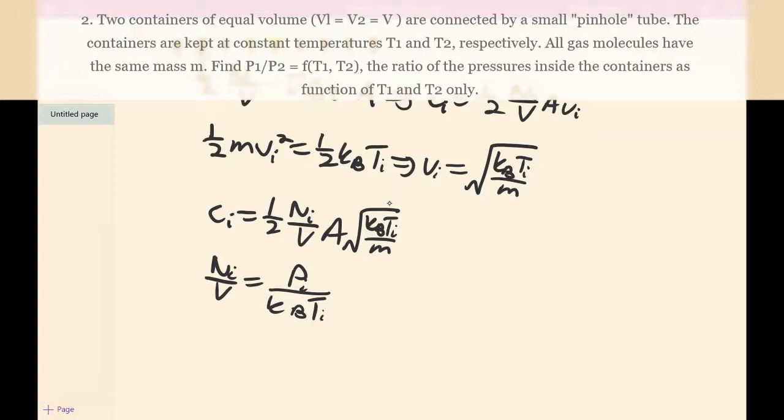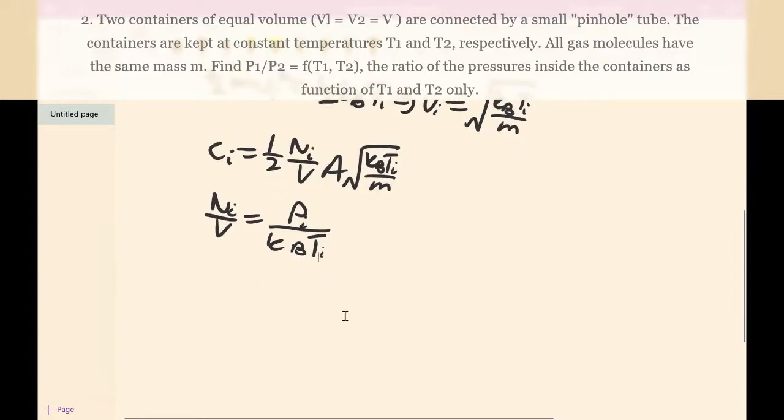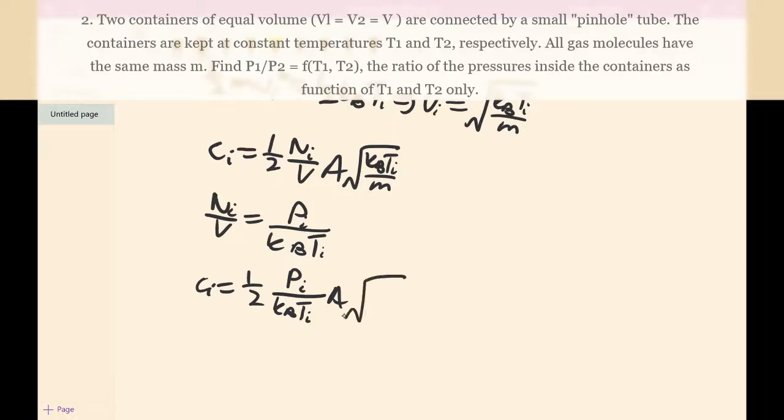So now we can find an expression involving P and T. We get that Ci is equal to 1/2 times Pi over kB Ti times A, multiplied by the square root of kB Ti over m.